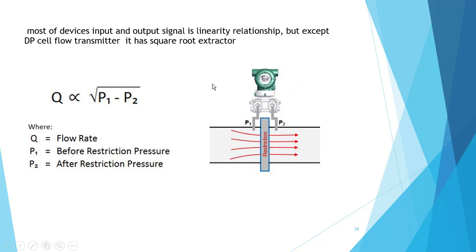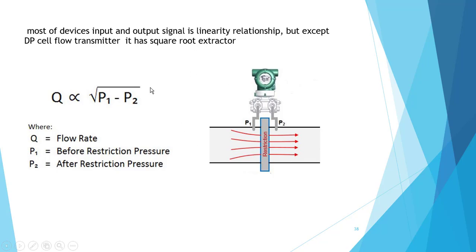So this is not linear, so you can't use a linear function, but you can use this function. Or inside the transmitter, if you choose square root, it automatically figures out everything. Okay, don't worry about this one.